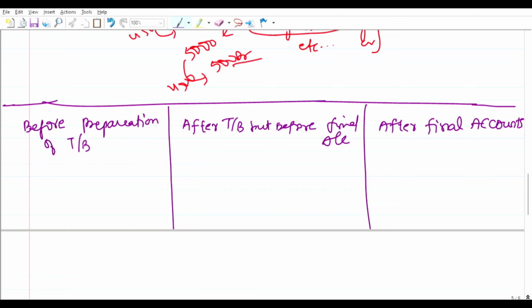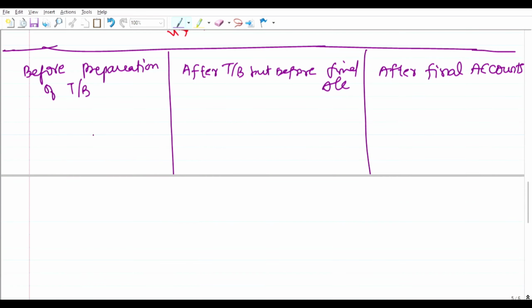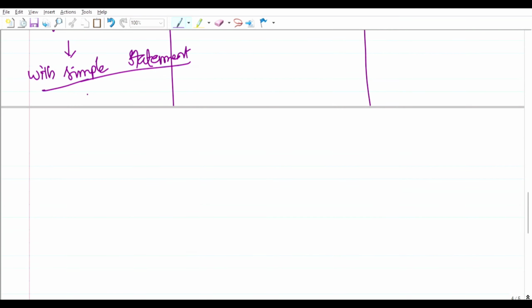That means the ledger accounts are not yet balanced. So we can increase any account and we can decrease any account, we can debit any account. For this type of errors, with a simple statement we can rectify these errors, but of course only one side errors can be rectified.